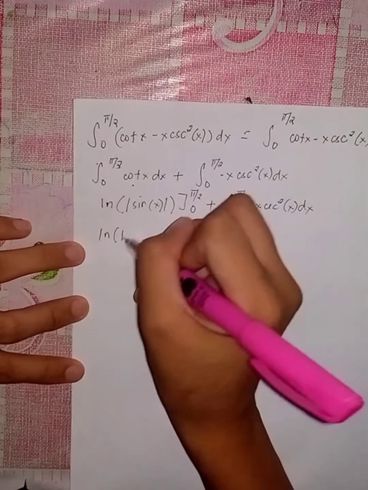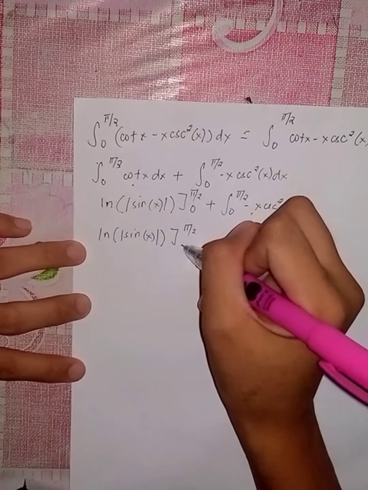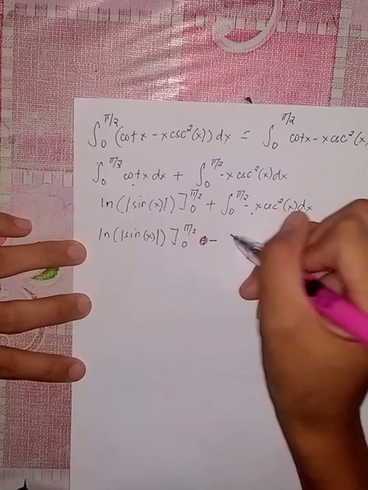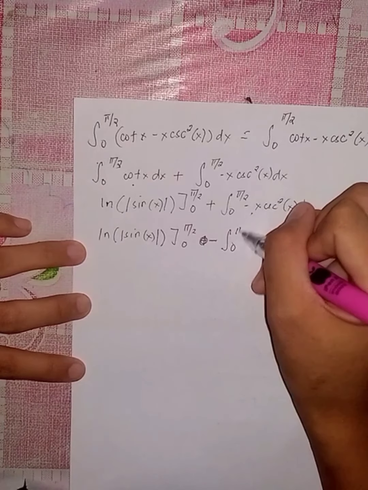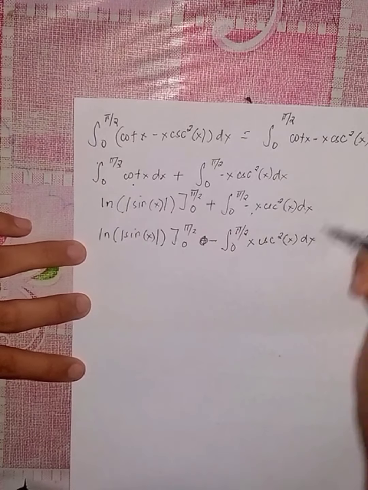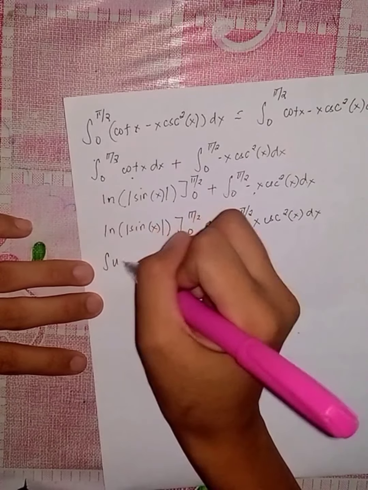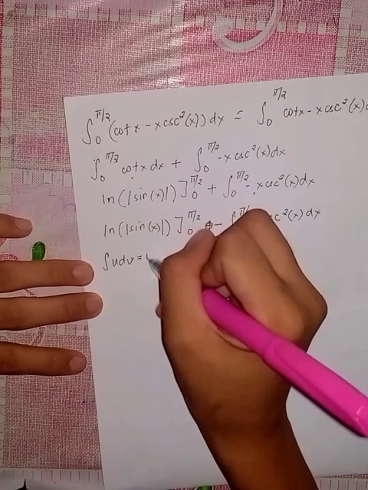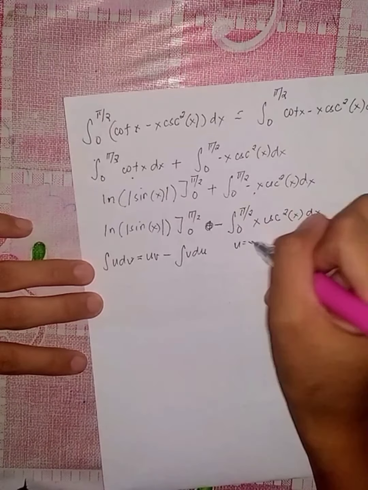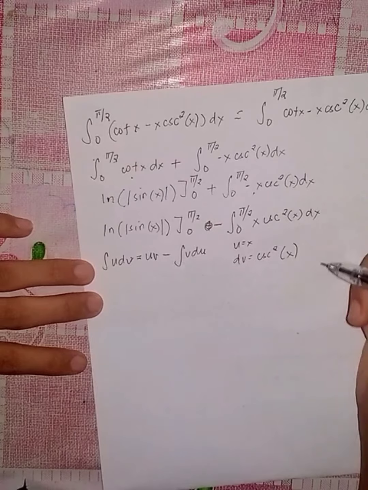So ln sin x from 0 to pi over 2, negative the integral from 0 to pi over 2 of x csc squared x dx. Then integrate by parts using the formula, again, the integral of u dv equals uv minus the integral of v du, where u is x and dv is equal to csc squared x.